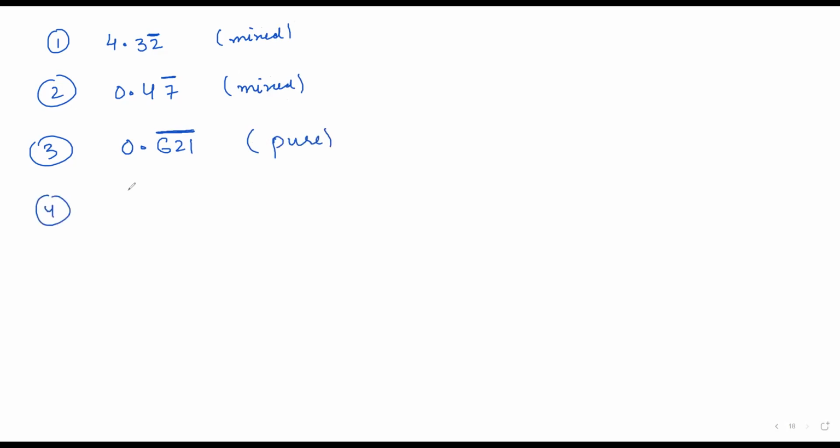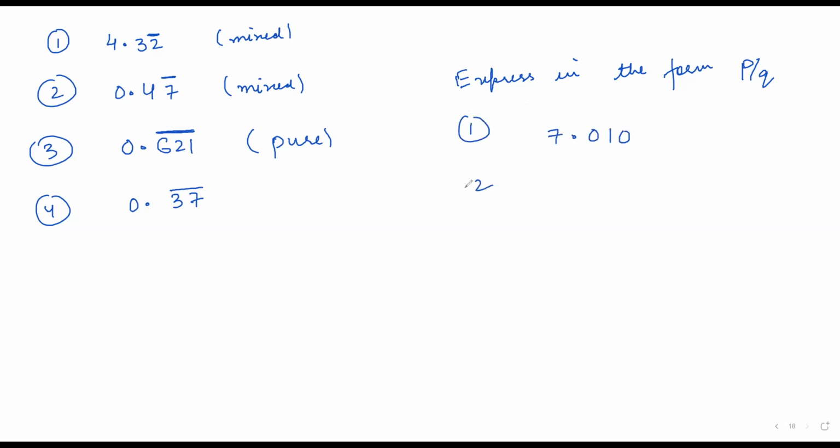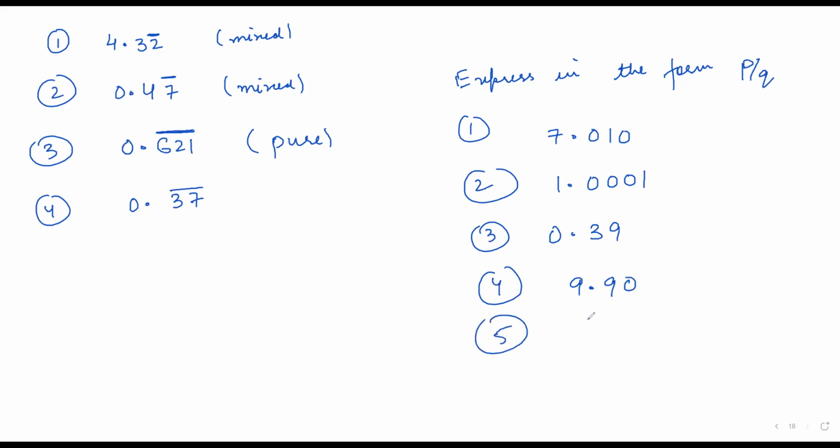Fourth, I'm giving you 0.37 bar, right? These 4 you have to do. And also express in the form p by q some numbers. One is this 7.010, second number is 1.0001, third number is this 0.39, and the fifth is 2.15.